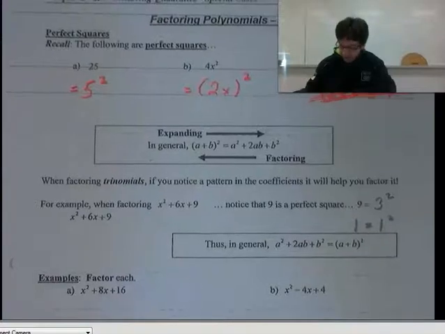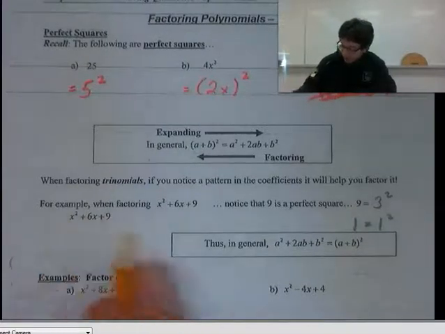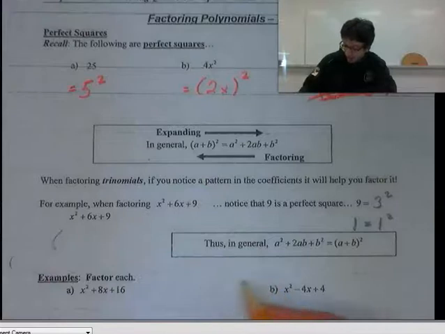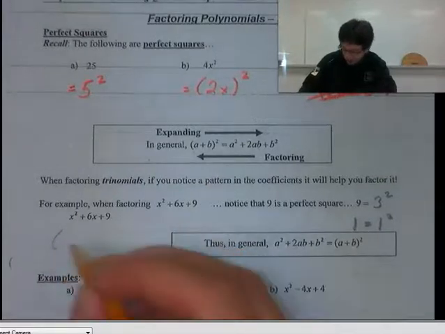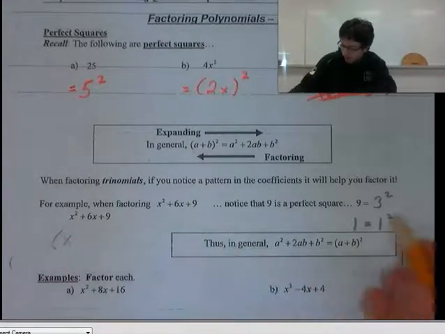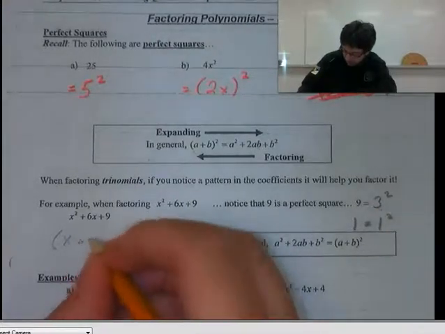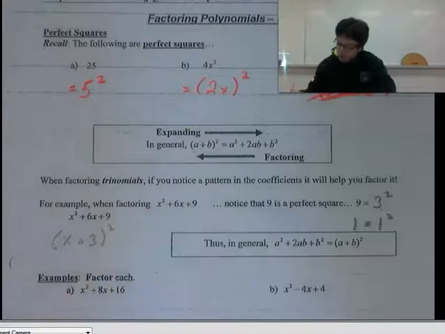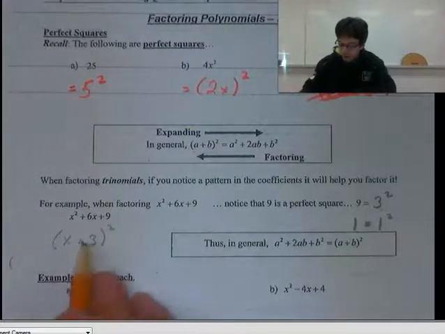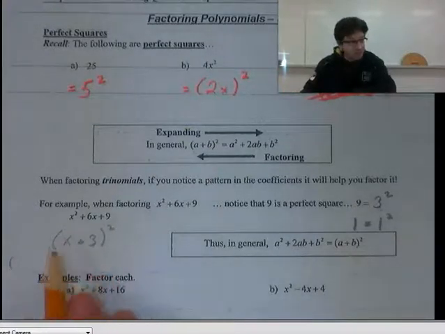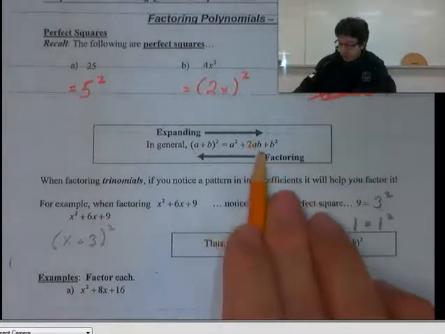Then the question is, if I were to rewrite this as just x, but I'm not going to write the 1, plus 3, and square that, does the center term work? Do we get 2ab in the center?